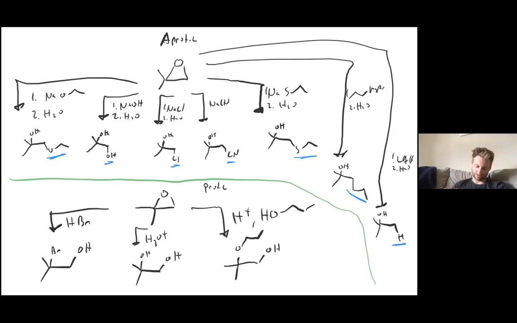So now all of these are adding at this tertiary position. And they all have H plus. H3O plus can be rewritten as H plus and H2O. And then HBr here, or H plus and Br minus.